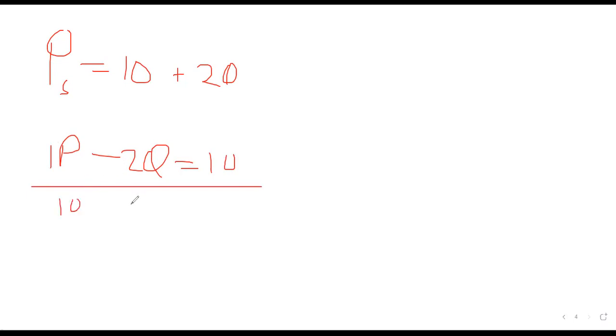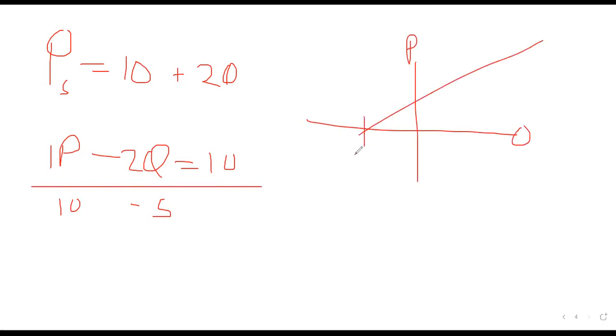Here on Q, negative 2. Negative 2 into 10, negative 5. So in this case, it will look slightly different. So negative 5 is there, positive 10 is there. So this will give us our function P is equal to 10 plus 2Q. So this is our supply function.